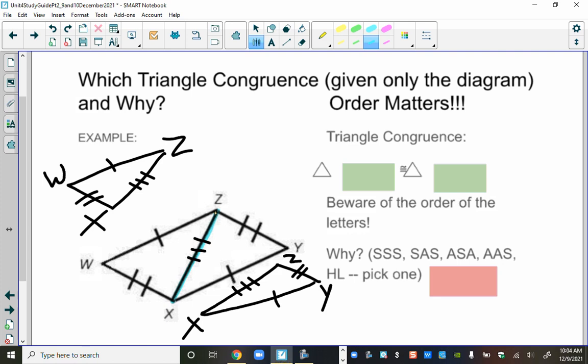Now, right away, what type of congruence? Is it going to be side angle side, side side side, or angle side angle? So let's look. What's marked in all three cases? We see that all three sides are marked.